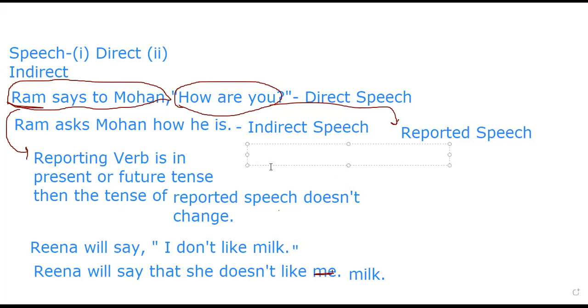There is a formula to remember this. It means when we are changing from direct speech to indirect speech, how the change takes place. S stands for subject, O stands for object, and N stands for no change.